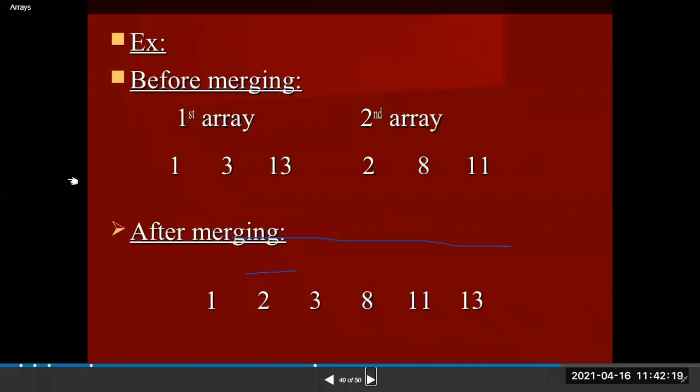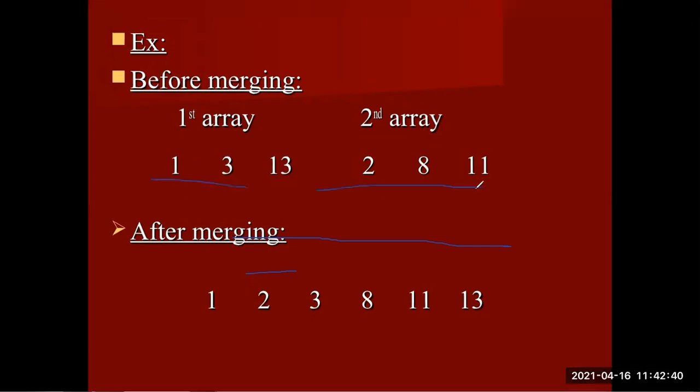See here, this is the first array, this is the second array. So the first array contains 1, 3, 13. The second array is 2, 8, 11. These are in sorted order, no problem. So these elements are in sorted order. So if you want to merge, then first sort the elements.